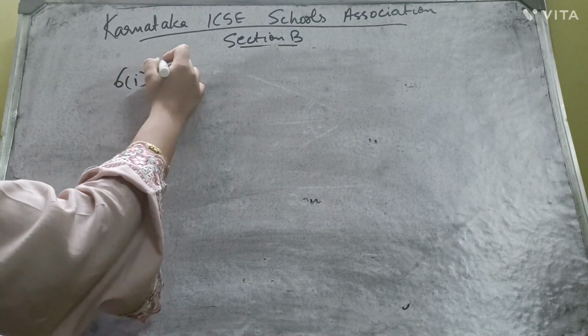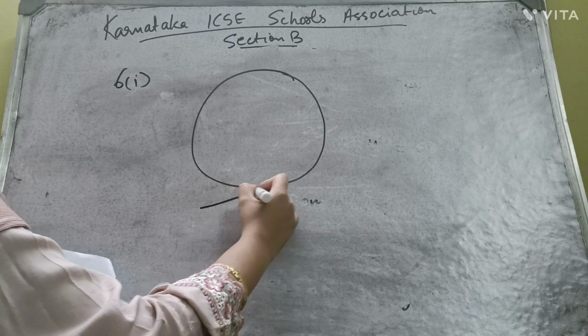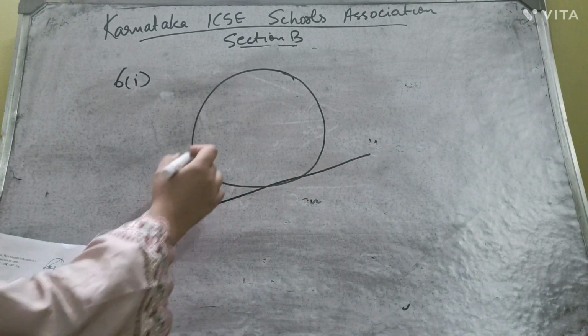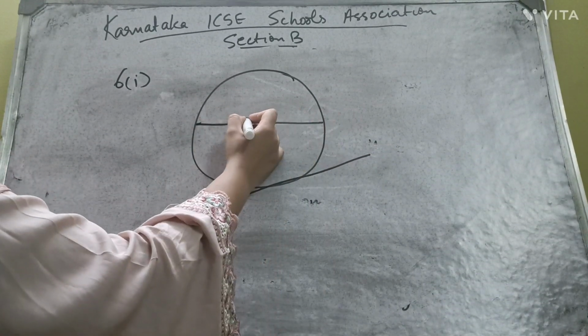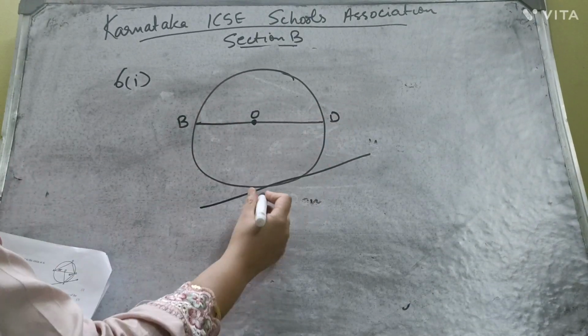Question 6 is a question from circles and tangents. Remember that whenever any diagram is given in the paper, copy down the correct diagram.